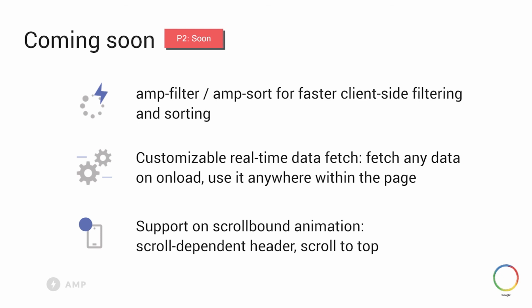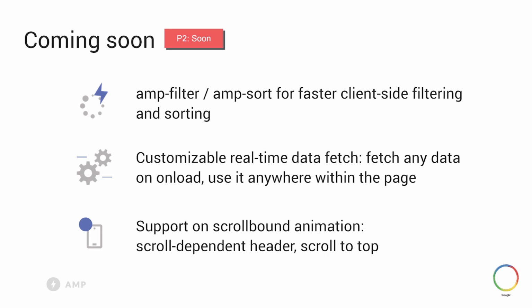I've explained the strong combination of amp-list and amp-bind to do some sorts and filters. But even in this case, we're making network requests and doing some searches on the server side, so there's always a computing overhead. So the AMP team is now developing amp-sort and amp-filter, which let you sort the content within the client side.